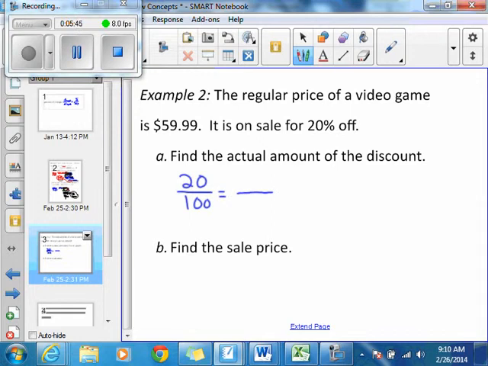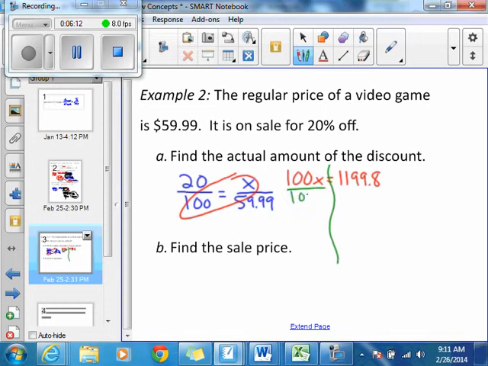The price that they gave us, $59.99, that's the original price, so that goes on the bottom. And then we fill in our blank space with an X. We cross multiply, we get 100X equals 1,199.8.